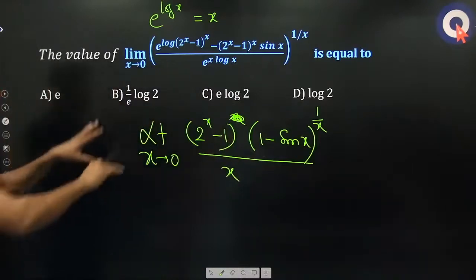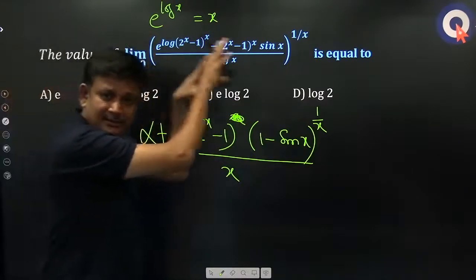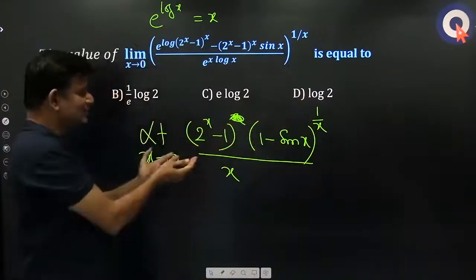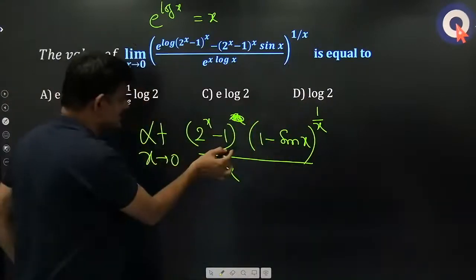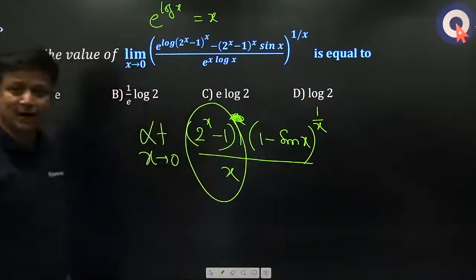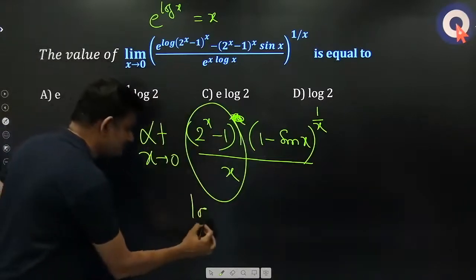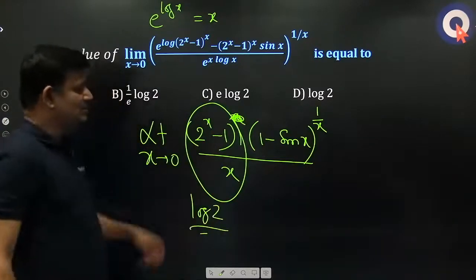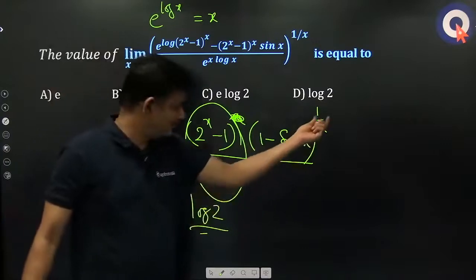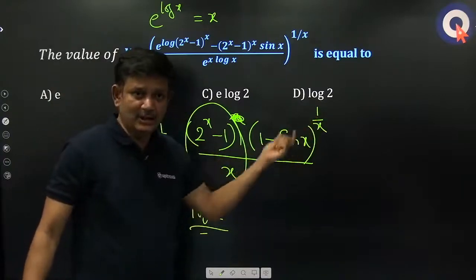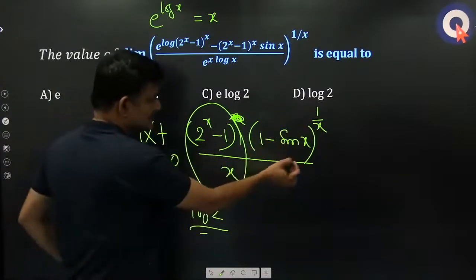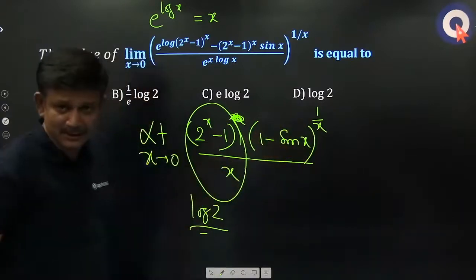Now you can see this was a very difficult looking question, whereas this is an elementary question of your NCERT. This is a standard limit. How much? Log 2. This is also a standard limit, 1 power infinity form. Sin x is something which you can happily replace by x.